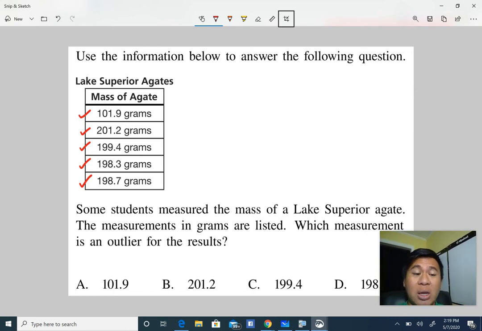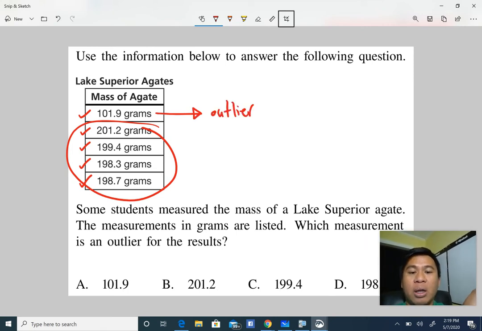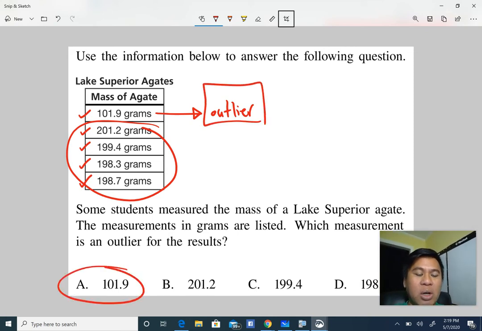So as we can see in here, by observing it, we can say that the last four observations, 198, 199, and 201, are close to each other, which only means that, without even computing, 101.9 is in fact the outlier in here, because it's an extremely low value as compared to 201.2, the maximum value, which is in fact near the other values as well.